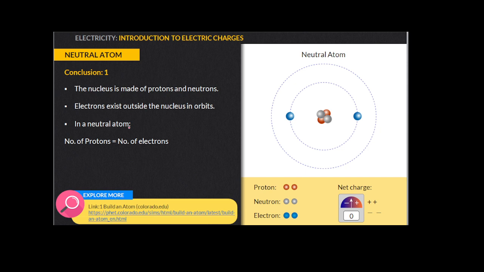Now, an atom is a neutral atom. An atom has two kinds of charge, positive and negative: positive because of protons and negative because of electrons. To make an atom neutral and stable, the protons and electrons should be equal, right? Only then will an atom be neutral. Like in this case, there are two protons inside the nucleus and two electrons.